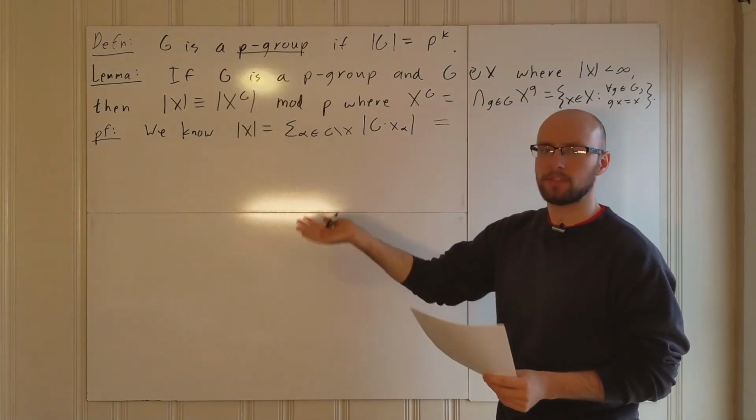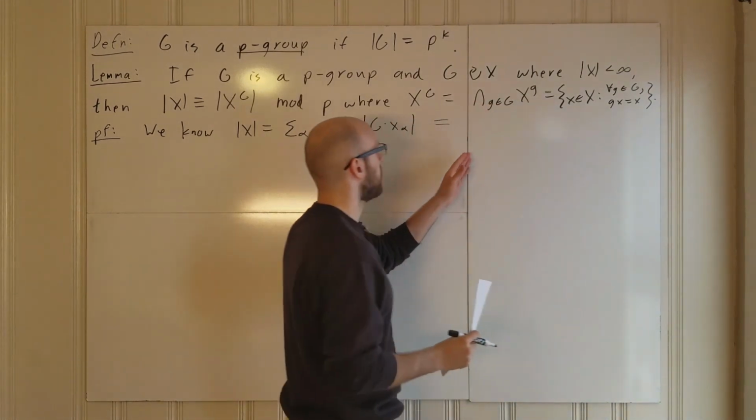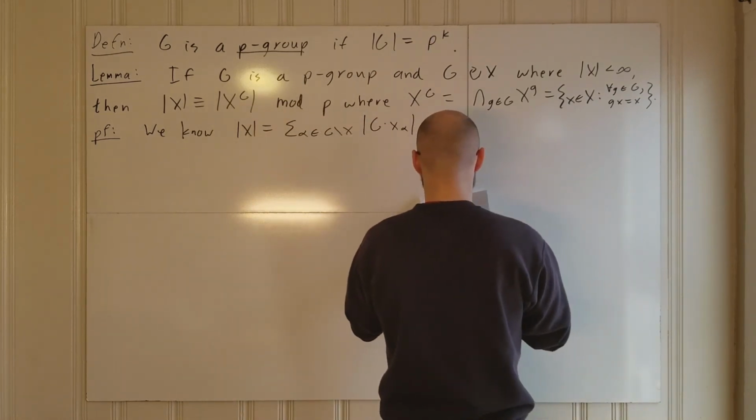So anyways, we know this, but now we can write this. Some of these orbits have just one element in them. So let's write that out.